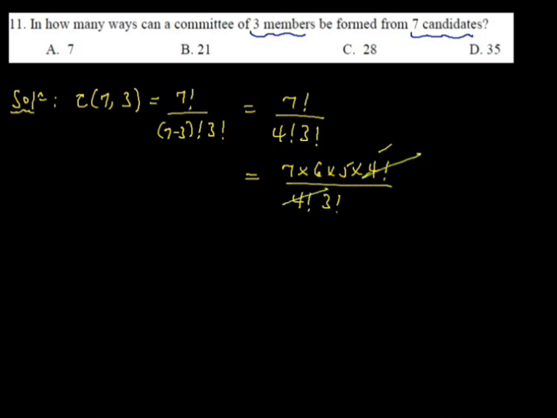Now this 4 factorial can be eliminated. 3 factorial is the same as 6, so we can write it over 6. Now it remains 7 times 5. 7 times 5 is 35. So there are 35 different ways of selecting 3 members from 7 candidates. Therefore, the answer for this problem is D.